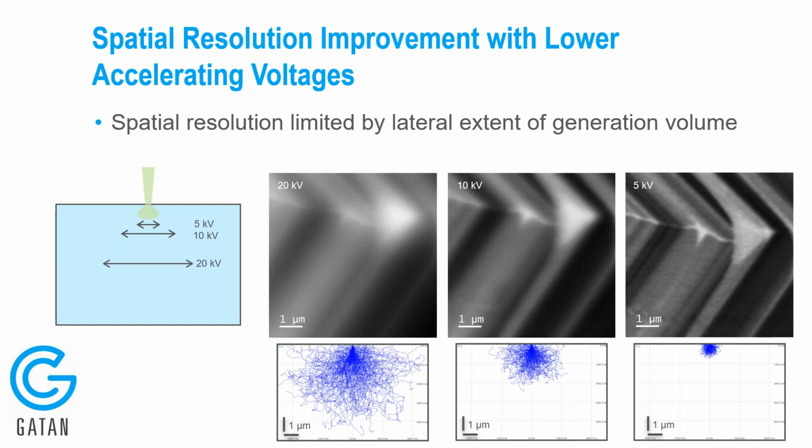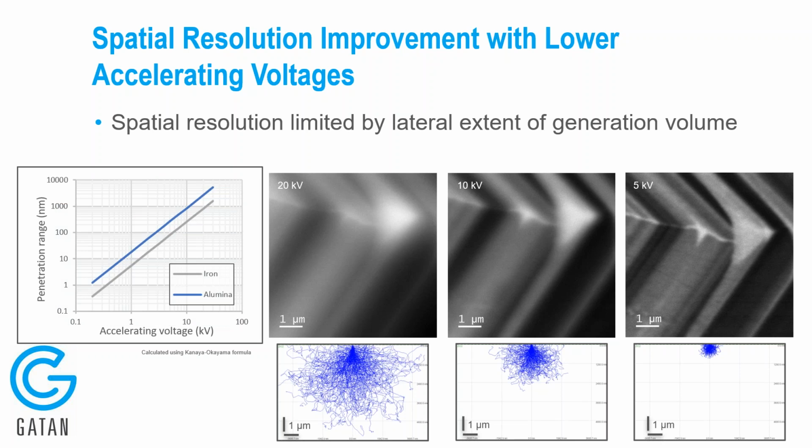See here, plotted on the same length scale, the three simulations that demonstrate the interaction volume under these three different microscope accelerating voltage conditions. And you can see as we reduce the accelerating voltage, we see much clearer and sharper SEM or CL images.